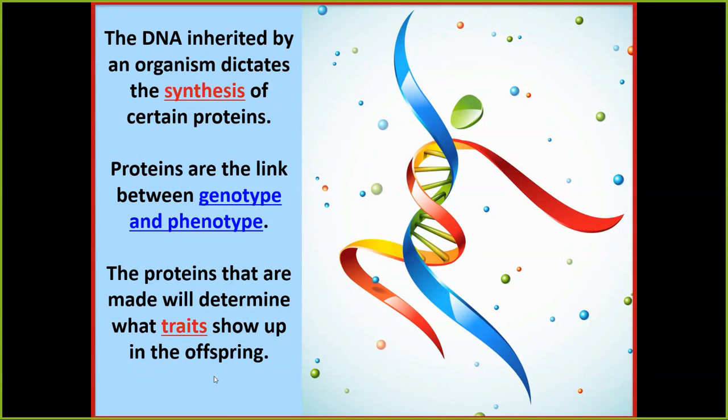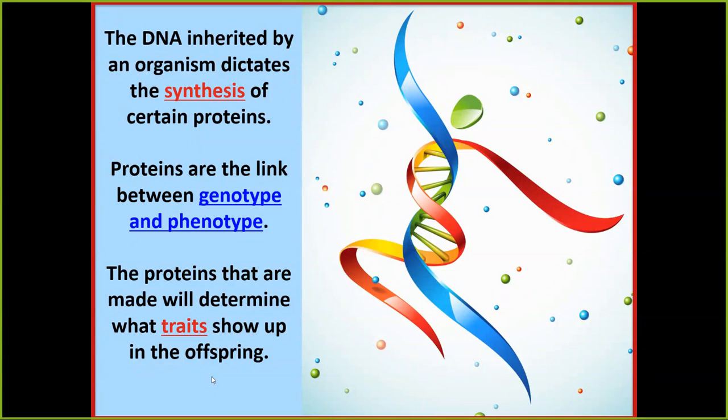All right, so we are moving into number 3. DNA inherited by an organism dictates the synthesis of certain proteins. The word synthesis is just a fancy schmancy word for what you're actually making.